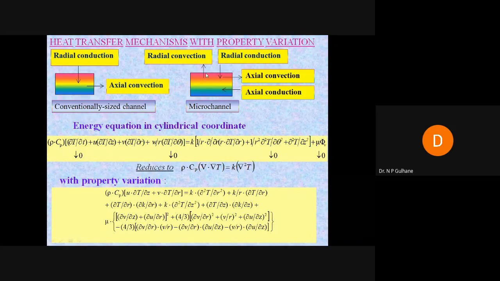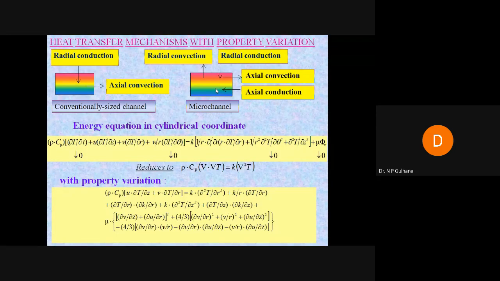Because of reducing to micro, more mechanisms are involved because of the increasing surface area and steep temperature gradient. Because of this, temperature increases inside the surface and gradients are very steep. So two more mechanisms other than these we can see here. Which two? One is called radial conduction and one is called axial conduction.